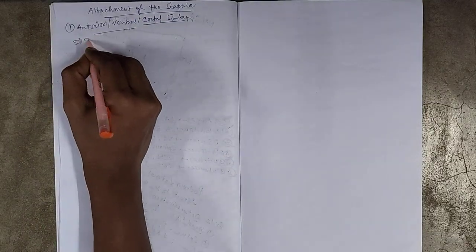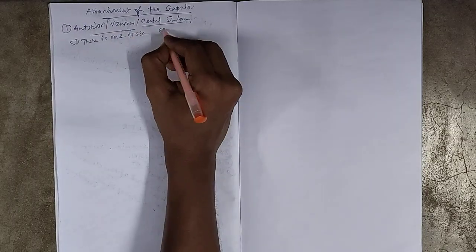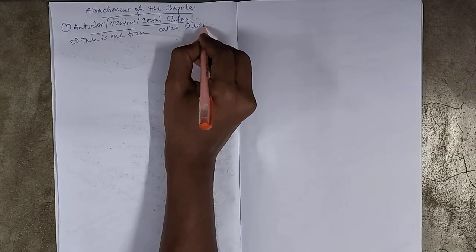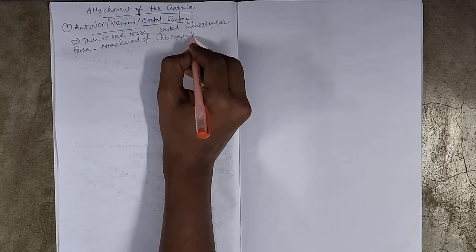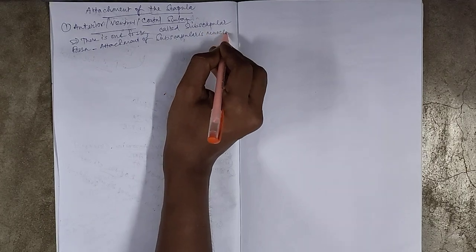In the anterior or ventral or costal surface, there is one fossa present called the subscapular fossa, and it is for the attachment of the subscapularis muscle. Here is the attachment of the subscapularis muscle.